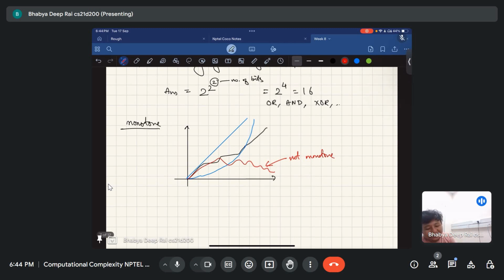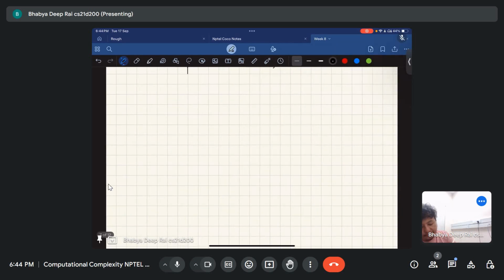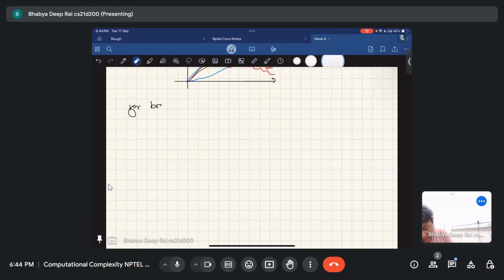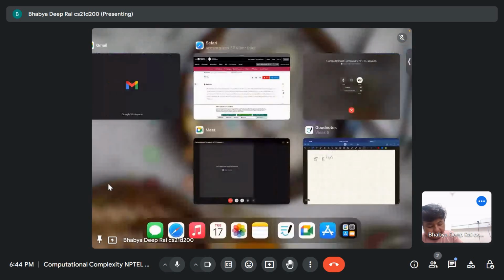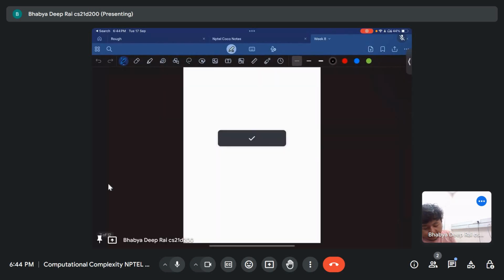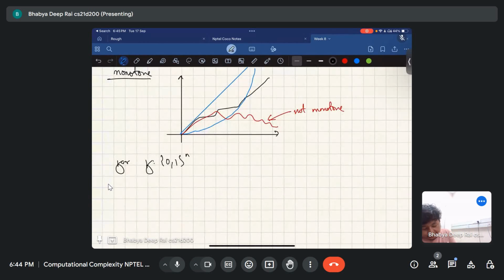In the case of Boolean functions, we similarly define a monotone function. In the case of a Boolean function, when is it said to be monotone?